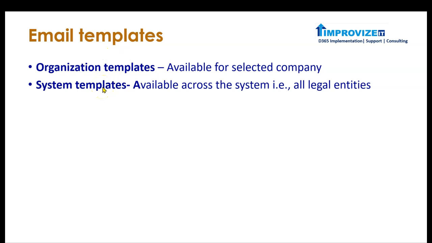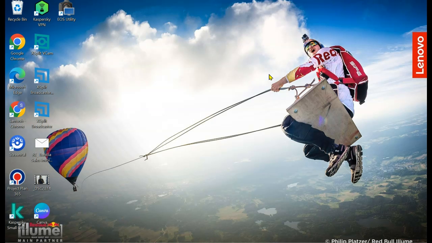System templates are the templates that are available across all legal entities. If you create a template in the system templates, then whichever legal entity you log into, you will still be able to access that template because it is available across the system. Now let us quickly take a look at that.